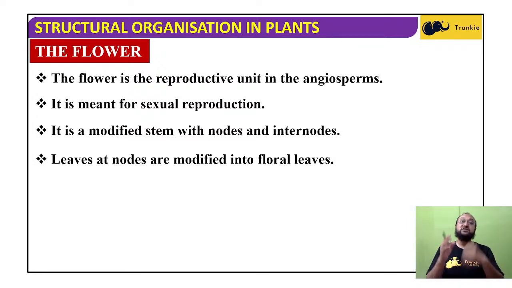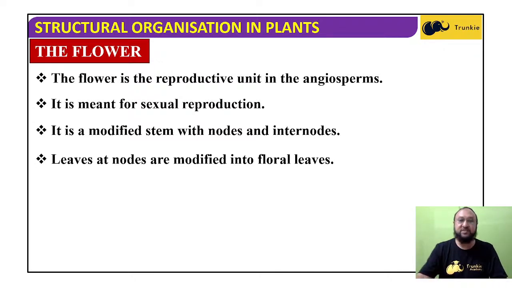This structure, the flower, is actually a modified stem or modified shoot with nodes and internodes. It has been modified into a structure which carries out sexual reproduction in angiospermic plants. Leaves at the nodes are modified into floral leaves.